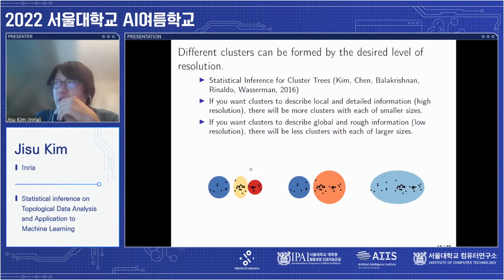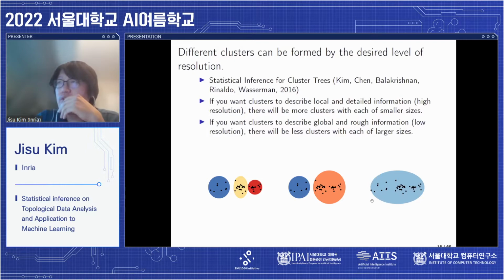So this clustering describes the very local and detailed information, and it's like you're looking at the data at very high resolution. So that corresponds to looking at the data from a very close distance.